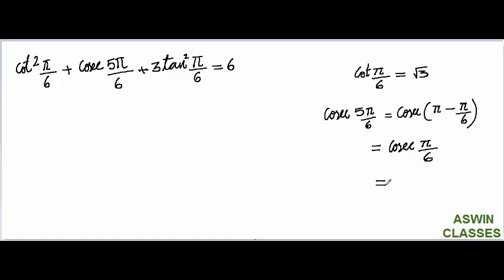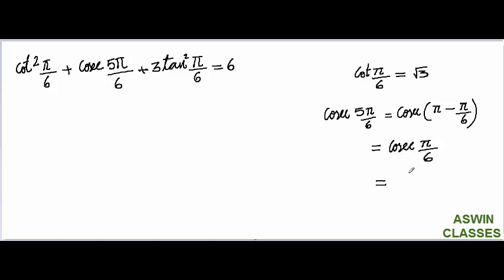Like I said before, you have to simplify this pi in terms of 90. This is actually 180, which is equal to 2 times 90, and 2 is even, so the cofunction does not change. If you have any doubt about this, you can refer to my previous video.